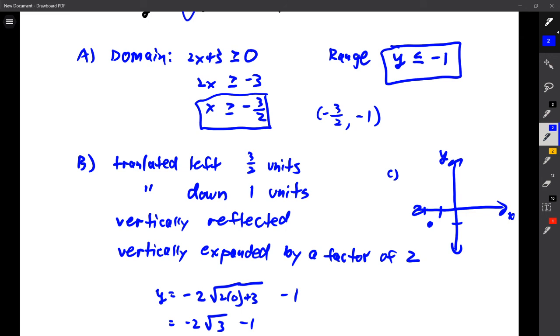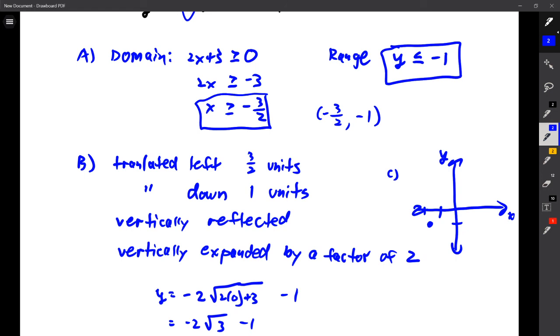And we can just get a decimal here because the square root of 3 is a decimal. It goes on forever. So let's see roughly what we have here. Grab my calculator. We have the square root of 3. I'm going to go ahead and do that first. Okay, times a -2.